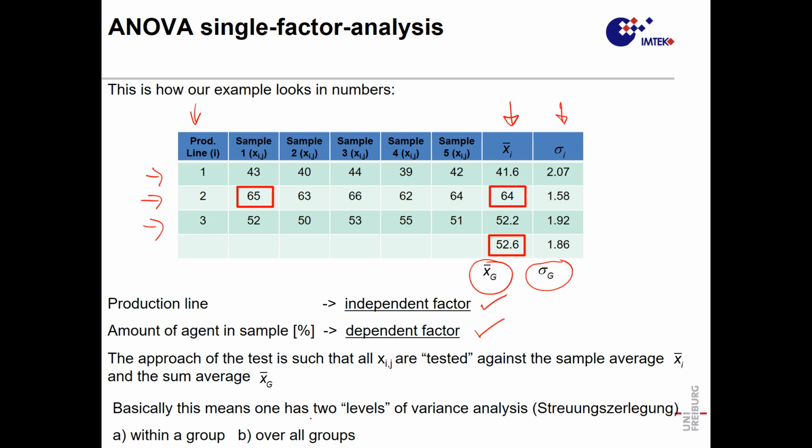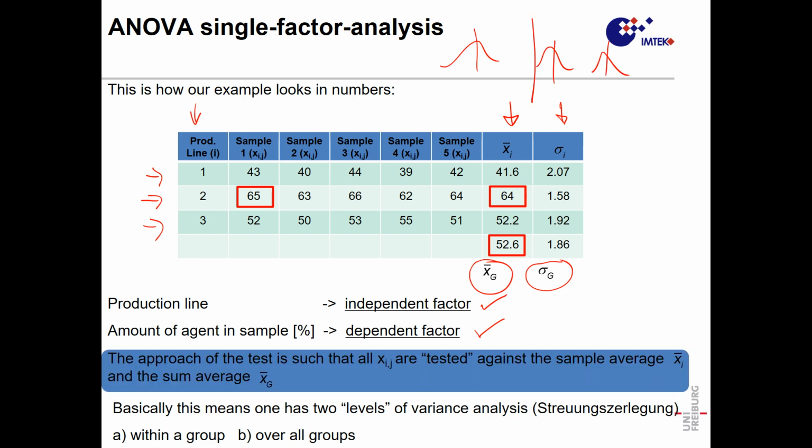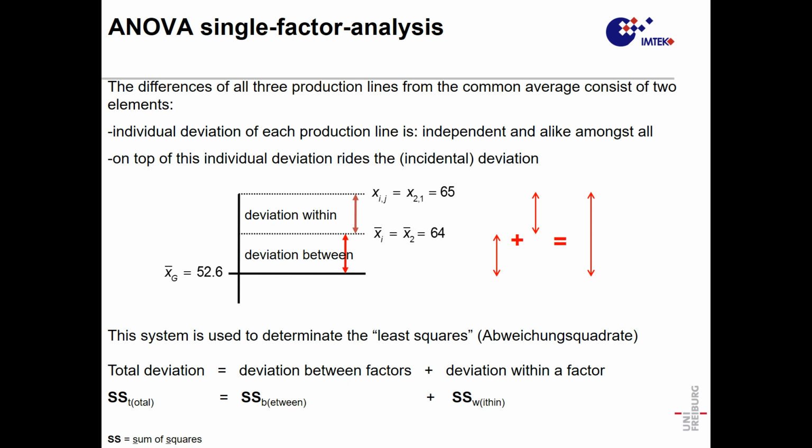So within a group, overall group is the mean that we have to calculate. So once we have this mean, and we have the points, and we have each of the means inside, so we have the means for each of the distributions, and we have the large mean, then we can look at the deviations between them, right? It's the same by looking at here.